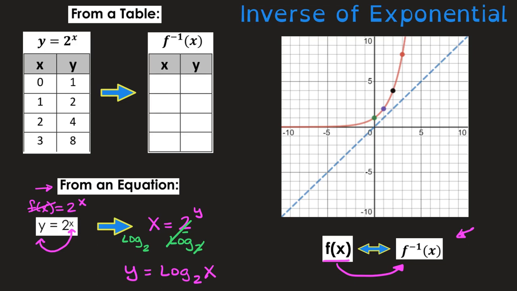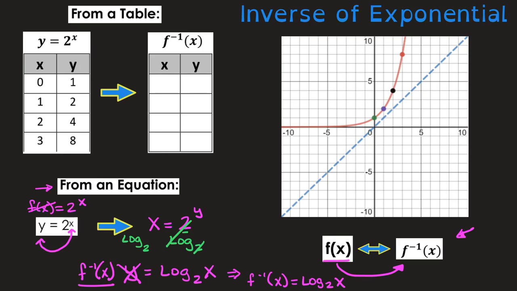And so that I know that this is the inverse, I'm going to take the y and replace it with f negative 1 of x. And now that tells me this is the inverse function I just found. So if you want to make it a little bit nicer, we have f negative 1 of x equals log base 2 of x. Hopefully you can see what I'm talking about.